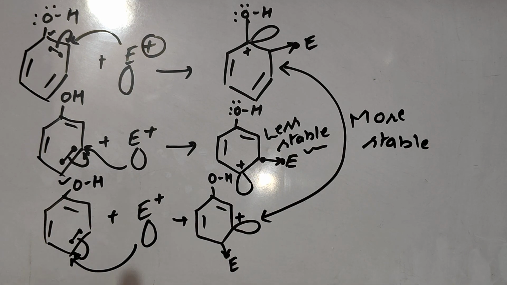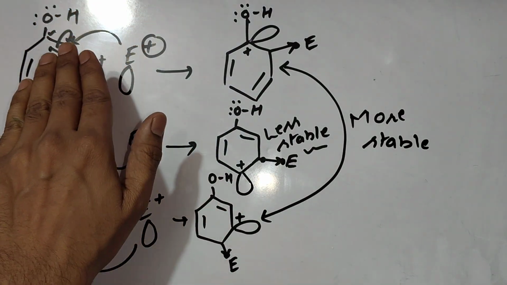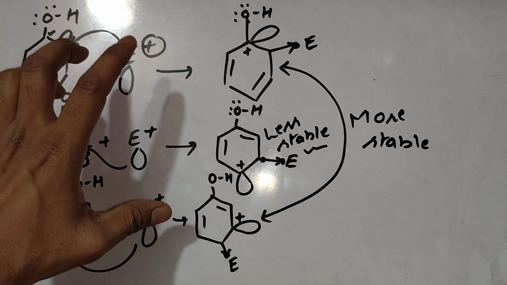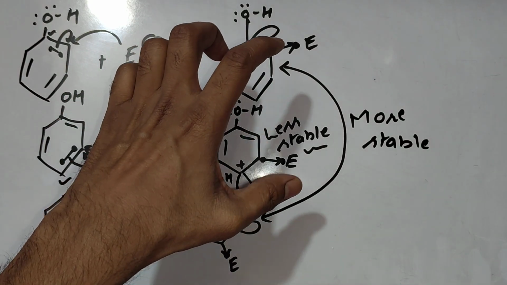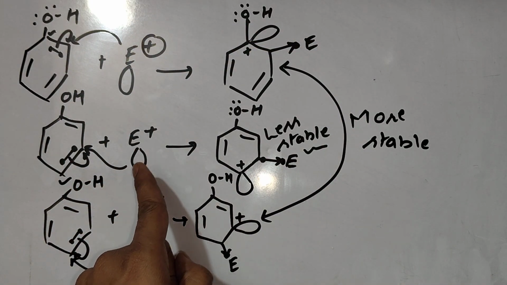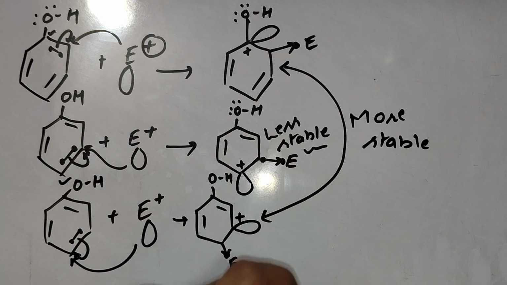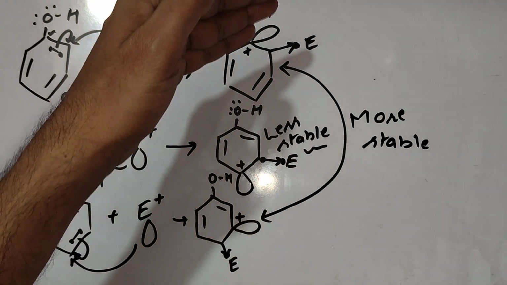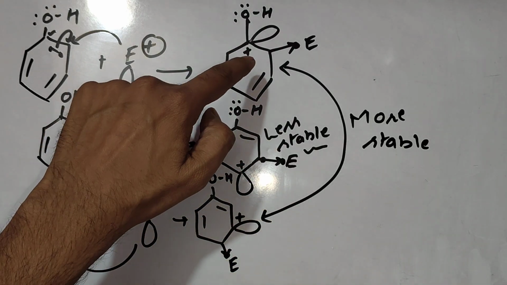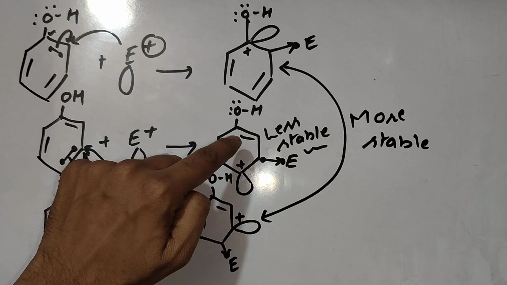So that's why electrophiles always prefer to attack on ortho and para positions, because the intermediate they get is highly stable. And if they attack on a meta position, the intermediate they get is less stable. All three are carbocations, but these two are more stable as compared to this carbocation.